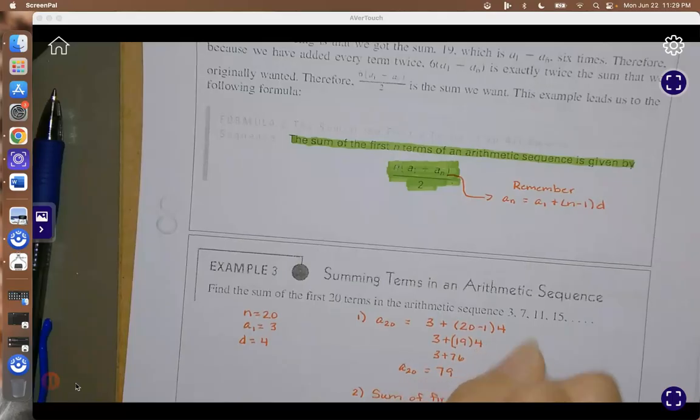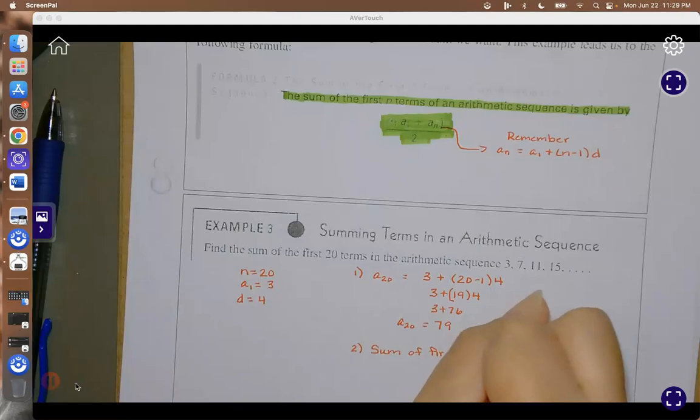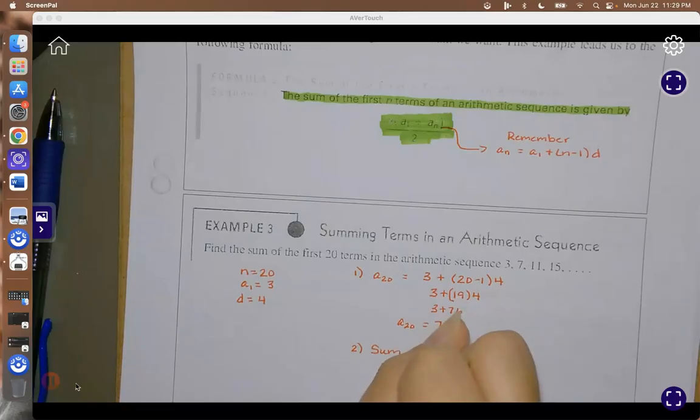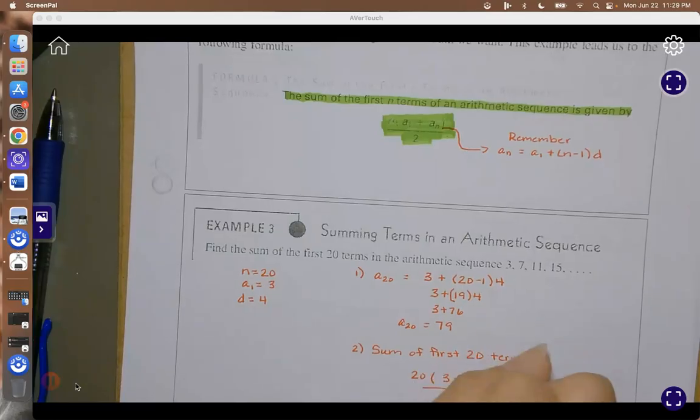So sum of first 20 terms. We're going to do n, which is 20, times a sub 1, which is 3, plus a sub 20, which is 79, divided by 2.